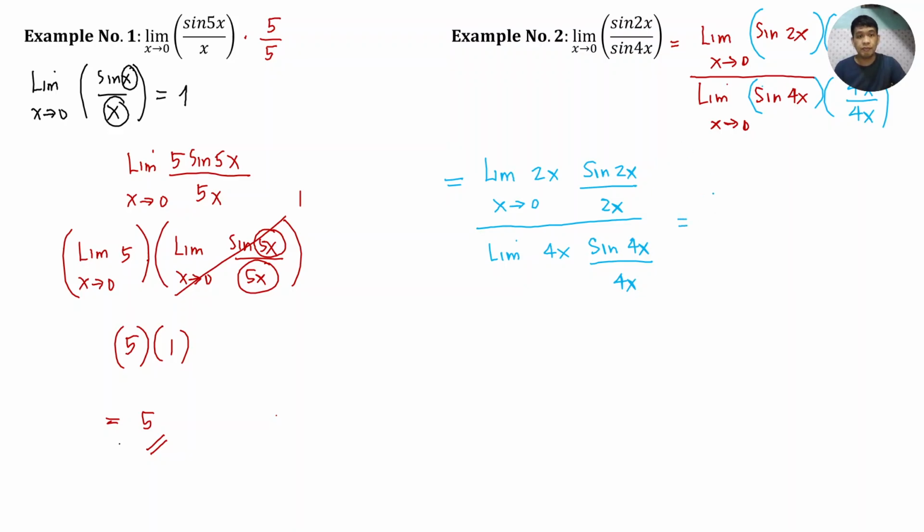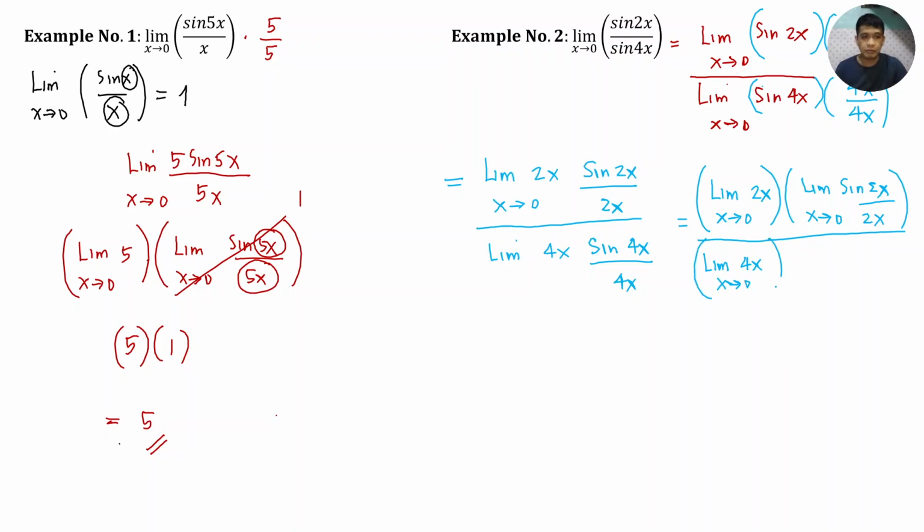So which is equal to the limit of 2x as x approaches 0 multiplied by the limit of sine 2x over 2x as x approaches 0, all over the limit of 4x as x approaches 0 times the limit of sine 4x all over 4x as x approaches 0.